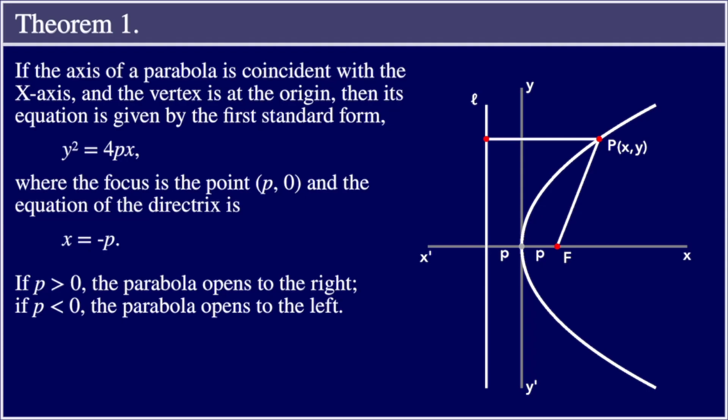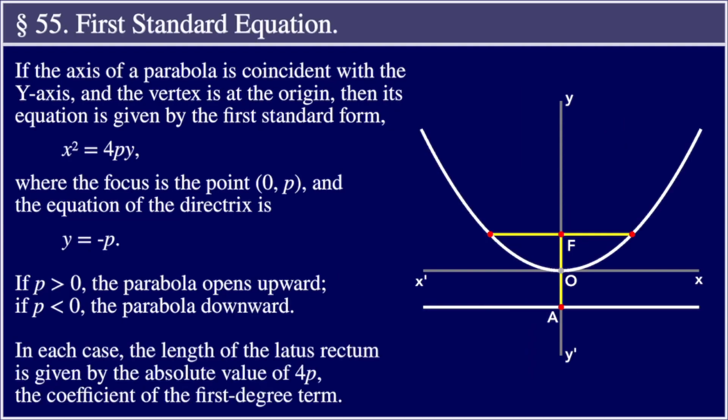If p is greater than 0, the parabola opens to the right. If p is less than 0, the parabola opens to the left. If the axis of a parabola is coincident with the y-axis and the vertex is at the origin, then its equation is given by the first standard form, x squared equals 4py, where the focus is the point (0, p), and the equation of the directrix is y equals negative p.